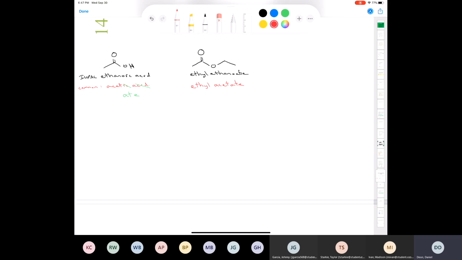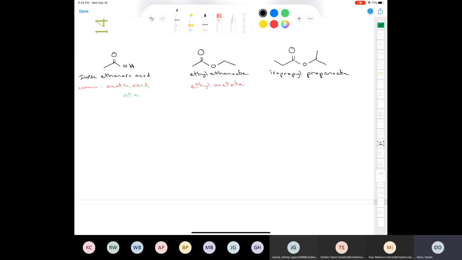Let's try another one. Let's try this. We have our isopropyl group and then we have our propyl. And so this would be isopropyl propanoate. That would be the IUPAC name. What would the common name be? Well, let's think about it.